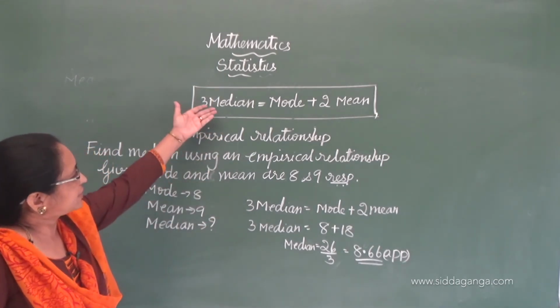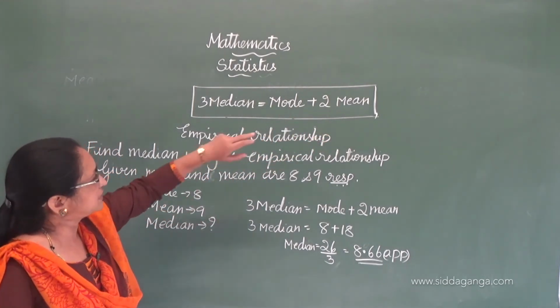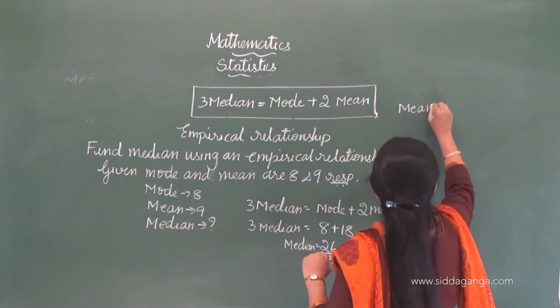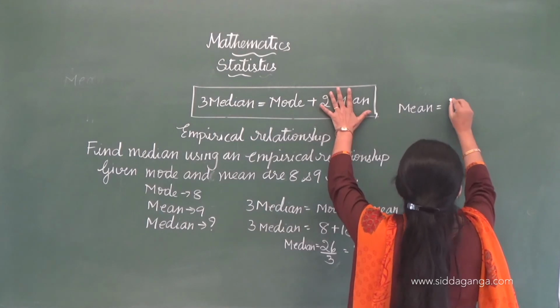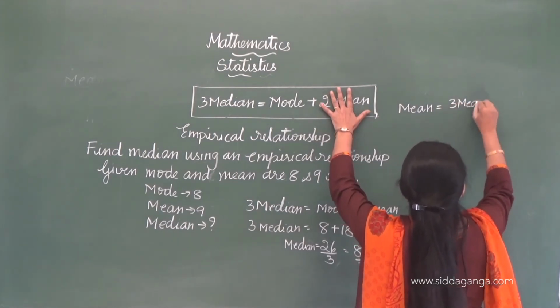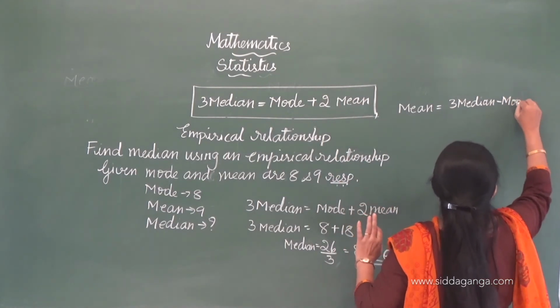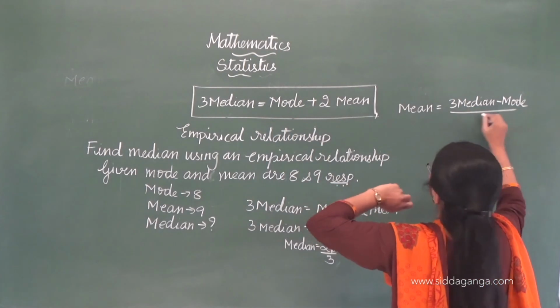Like that you can find any other central tendency. Suppose they ask for the mean: the mean will be 3 median minus mode, divided by 2.